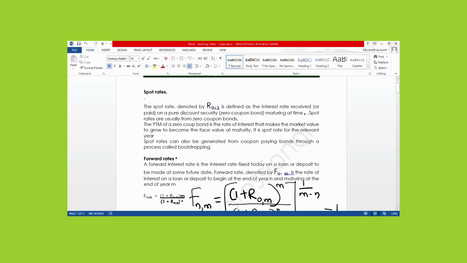Assuming you approach a bank today to borrow money today, the interest rate you are given today for the money you are borrowing today is called the spot interest rate. The interest rate you pay today for the money you are borrowing today is what we call spot rates.